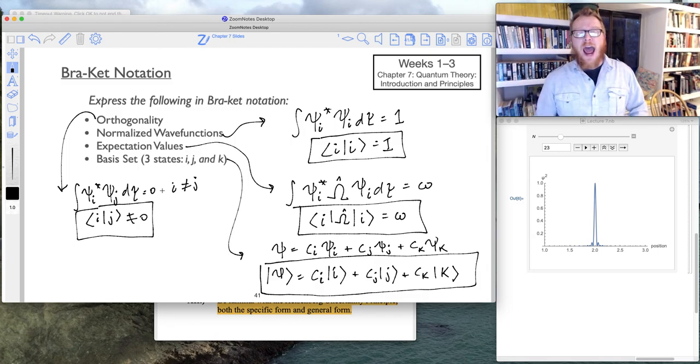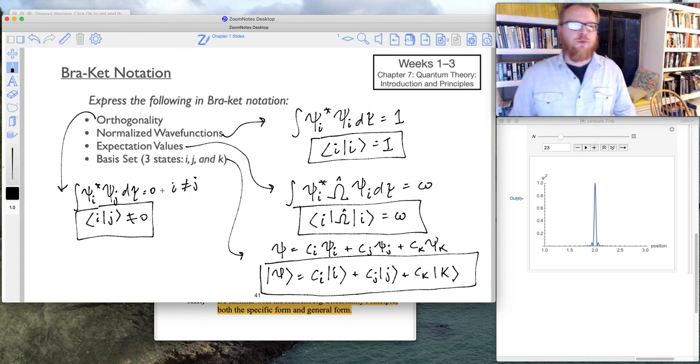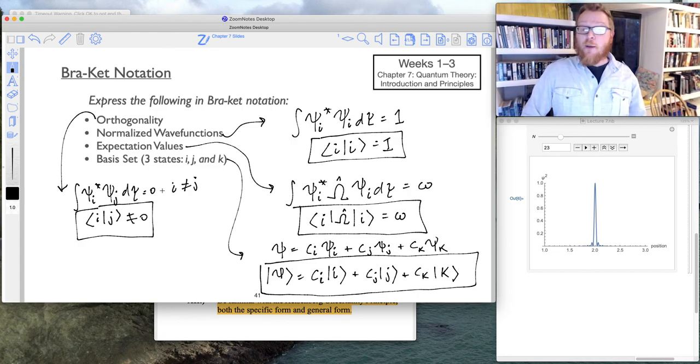So this Dirac or bra-ket notation, both names are okay, whichever you prefer, is going to become extremely useful, especially if you're writing up your exams or in your Mathematica files, if you want to use this really slick notation to make a nicely formatted answer.